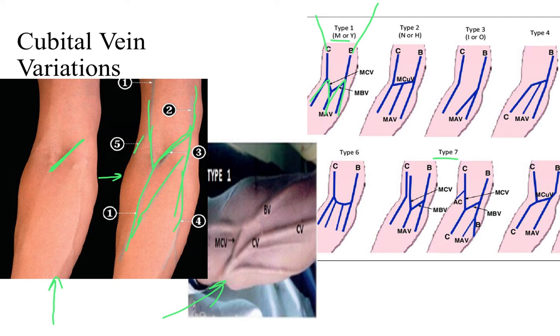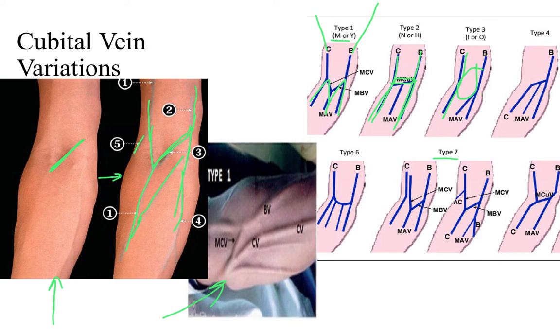Type 2, N or H. So the H you can see right here. The N would be right here. Type 3 would be the I or the O because there is no median cubital vein actually there.